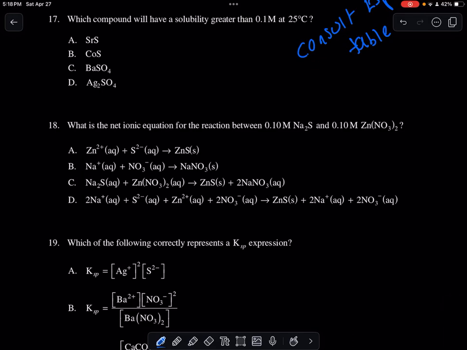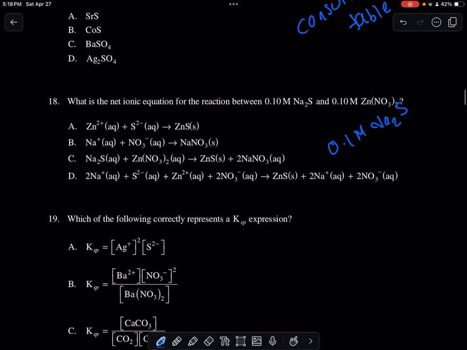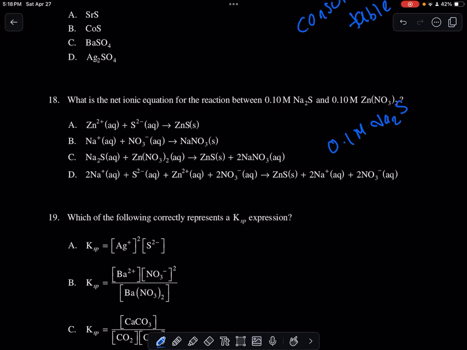What is the net ionic equation between 0.1 molar Na2S and 0.1 molar zinc nitrate? So 0.1 molar Na2S and zinc nitrate. So let's first think about what species are going to be reacting. We know that for a net ionic equation, we don't include spectator ions.